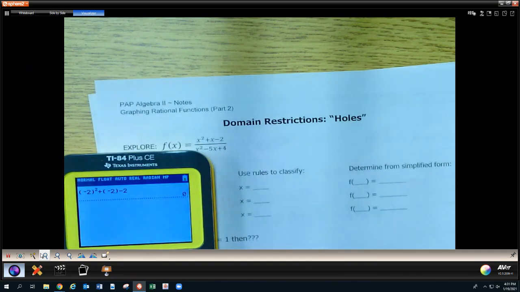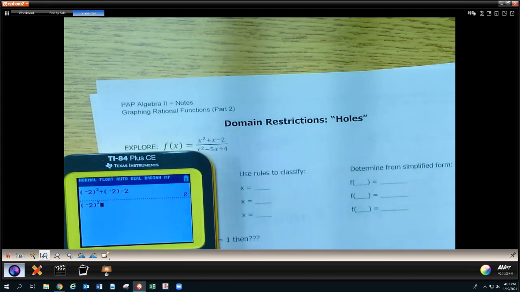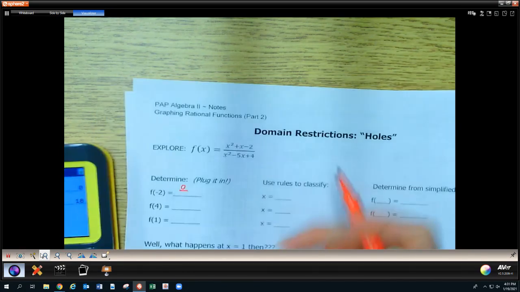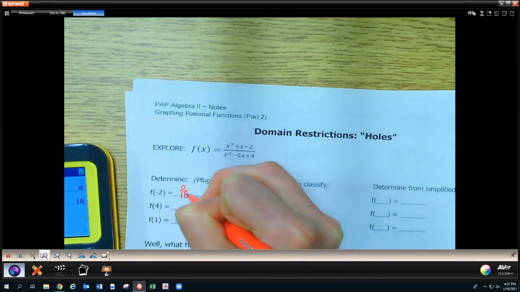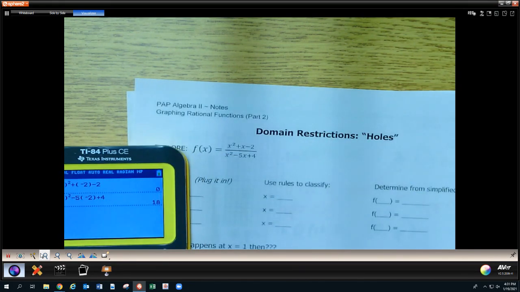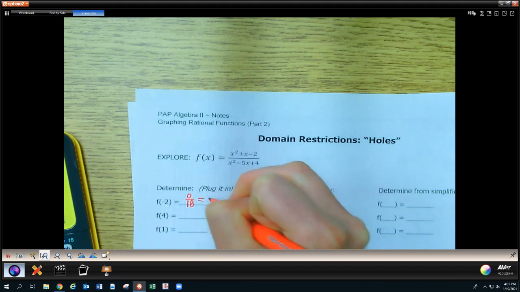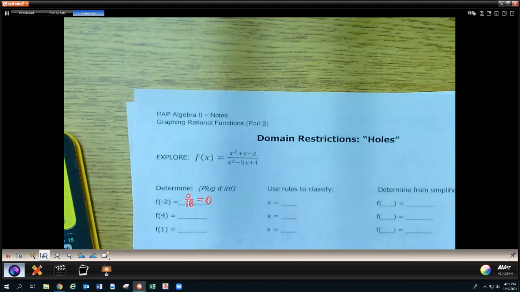On bottom, -2 squared minus 5 times -2 plus 4 gives me 18. So 0 over 18 is just 0. So f of -2 is 0.